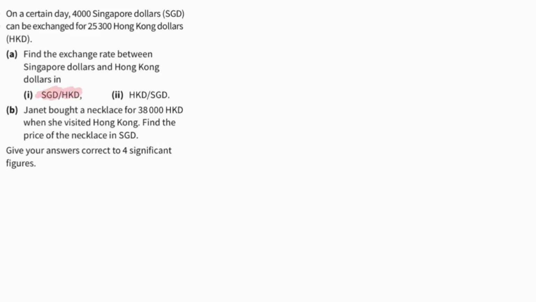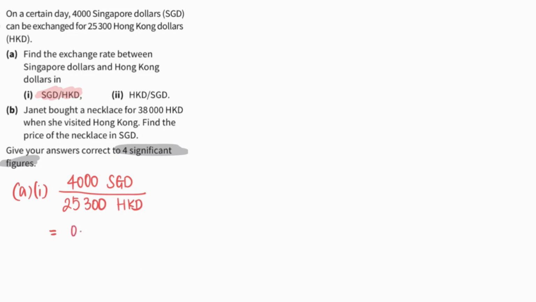This simply means that they would want us to find the exchange rate by having 4,000 SGD dividing by Hong Kong dollar, and do take note, all the answers are going to be corrected to 4 significant figures later on. So let me have 4,000 divided by 25,300.